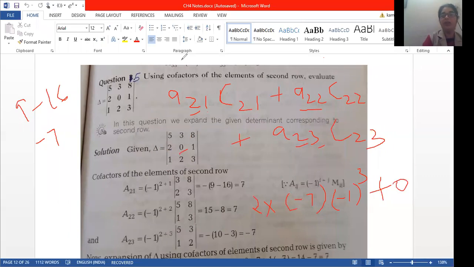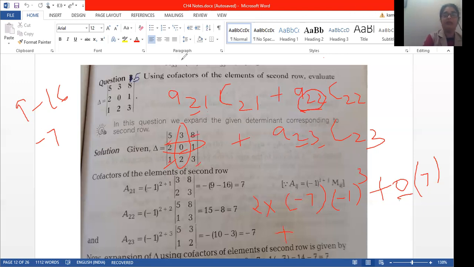Now 0 multiplied by anything, leaving this row and this column, we are left with 5 3s are 15 minus 8, 15 minus 8 is 7, but 0 into 7 will be 0, and minus 1 to the power of 4 will be plus 1. So I'm not writing, there's no need actually. When 0 is multiplied by any number, we don't have to write it even.